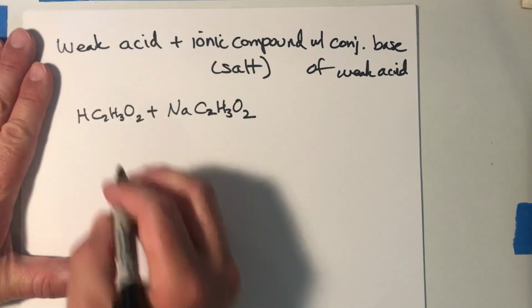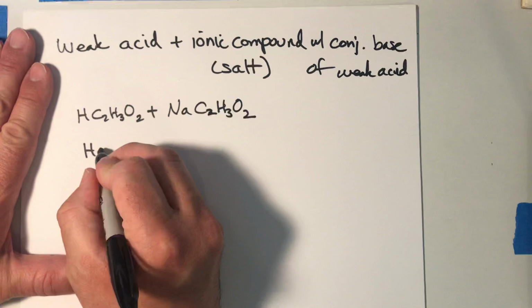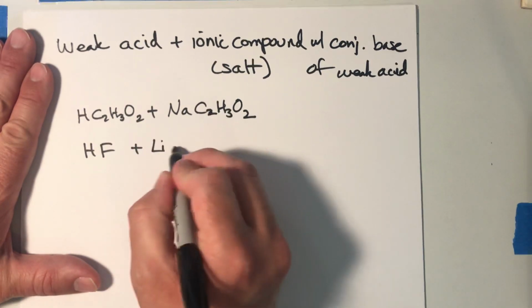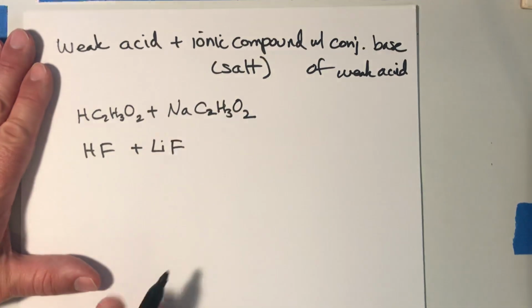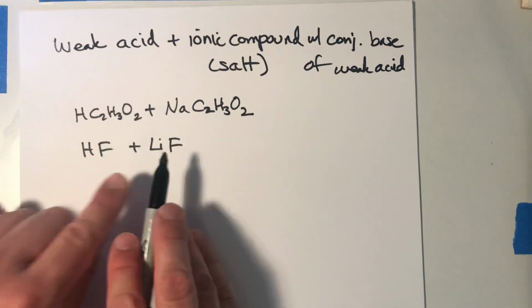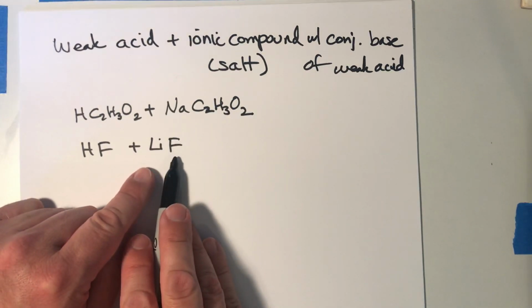Another example might be if we had hydrofluoric acid plus lithium fluoride. That would also give us a buffer solution because HF is a weak acid and LiF is an ionic compound containing the conjugate base.